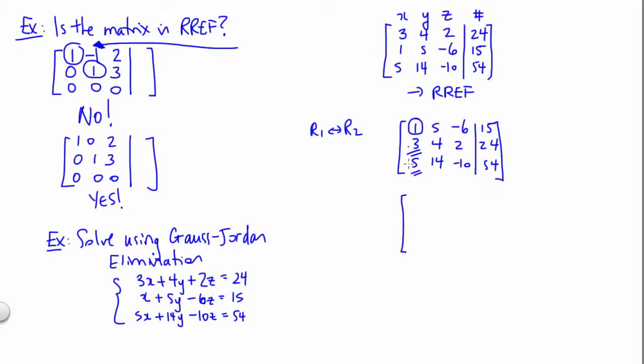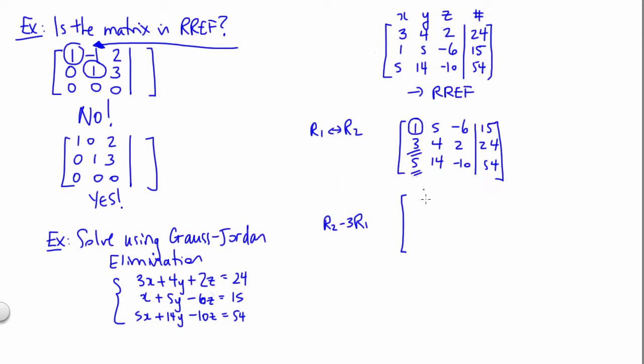So to get rid of the 3, we'll take row 2 minus 3 times row 1. Okay, in order to eliminate a number, you're always taking the row that you're on, plus or minus an appropriate multiple of your pivot row. So row 2 minus 3 times row 1 would work here.